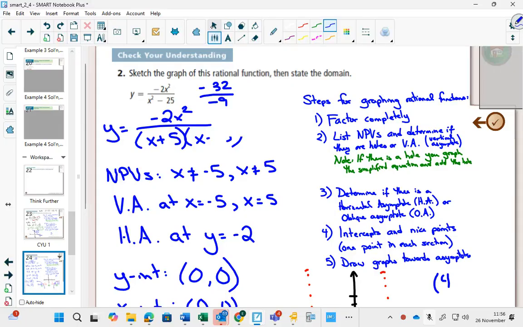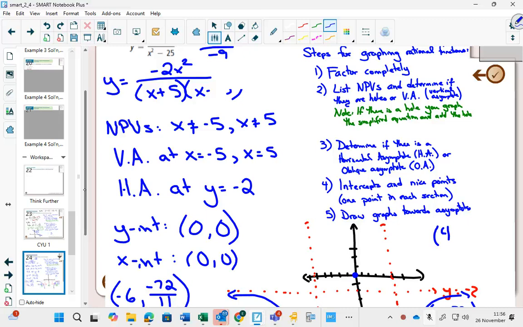Agreed? A negative over a negative is positive, so I'm going to get 32 over 9. It's going to be 3 point something. Plug that in. 4 comma 32 over 9.